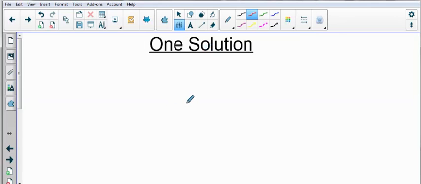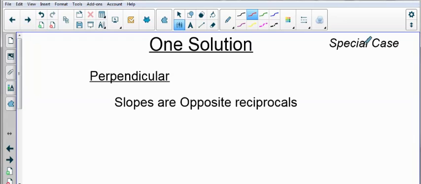All right, the next possibility would be one solution. What that means is that they cross in one place. So if they're not parallel and they're not the same line, they're only going to cross once. But there is a special situation here, perpendicular, something you can just tell by looking at them. How can you tell if they're perpendicular? You can tell if they're parallel if they have the same slope. If they're perpendicular, this is a special case of they cross once. The slopes are opposite reciprocals.